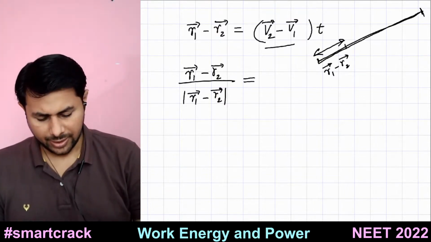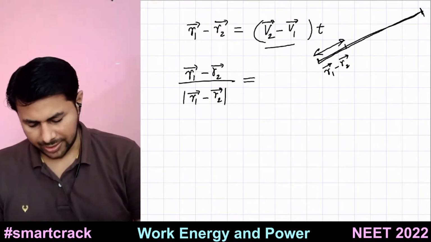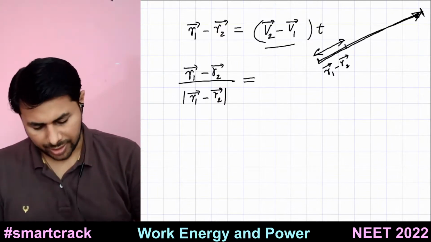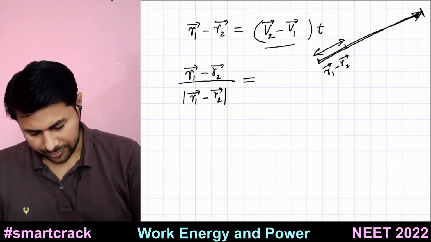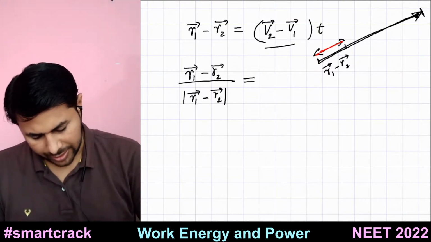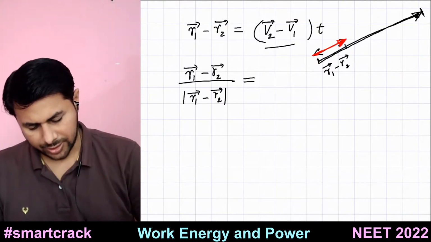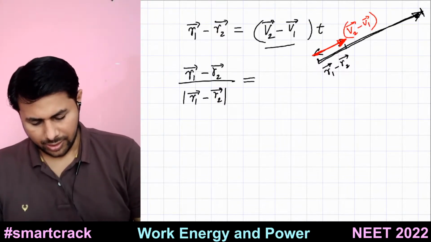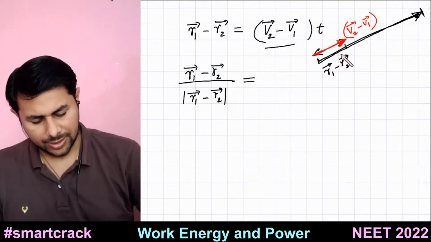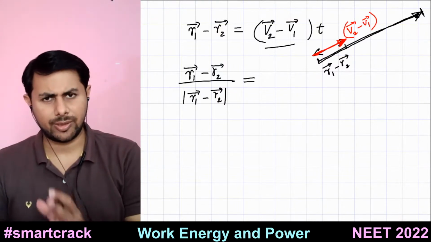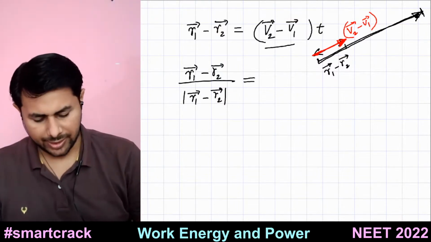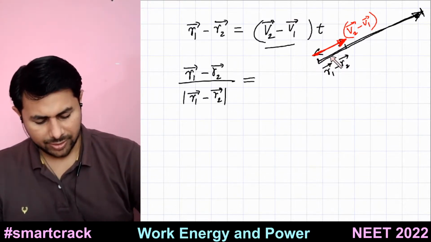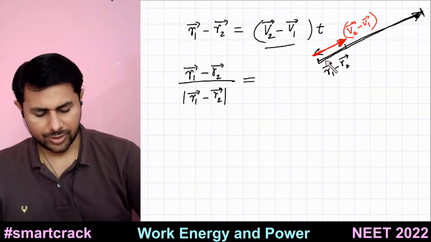And I am writing this vector R1 bar minus R2 bar, which is from here to here, as some number multiplied by this vector, which is V2 bar minus V1 bar. R1 bar minus R2 bar is equal to some number, just some number, not any vector, which is T, into V2 bar minus V1 bar, a vector from here to here.